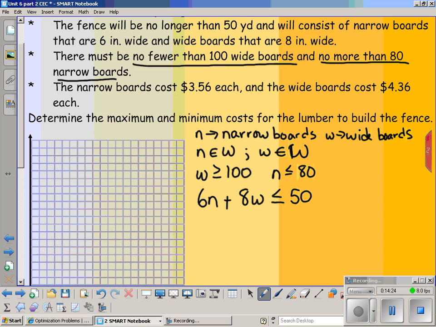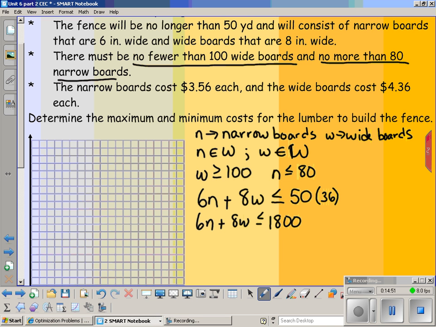Now because the 6 and the 8 were given to us in inches and the 50 is given to us in yards, we need to convert that to inches. And there are 36 inches in 1 yard. So we are going to multiply 50 by 36. So what we actually end up with is 6 narrow plus 8 wide less than or equal to 1,800.